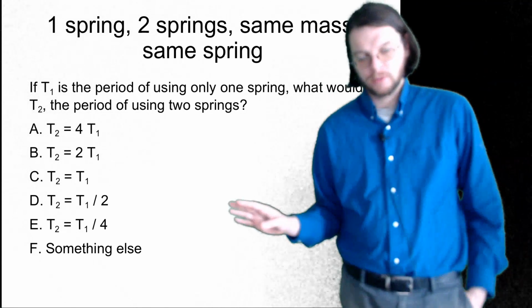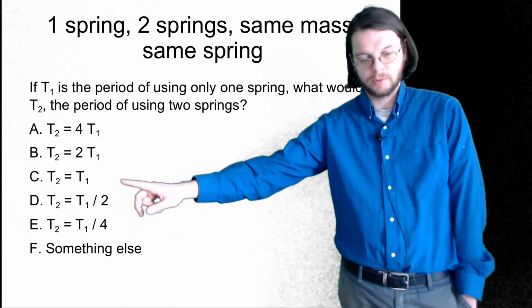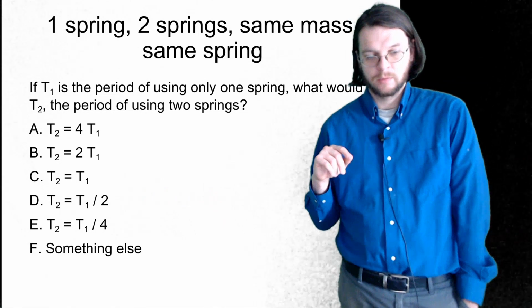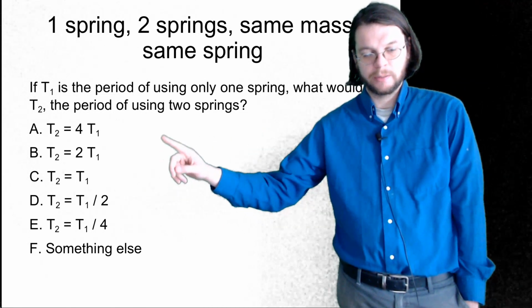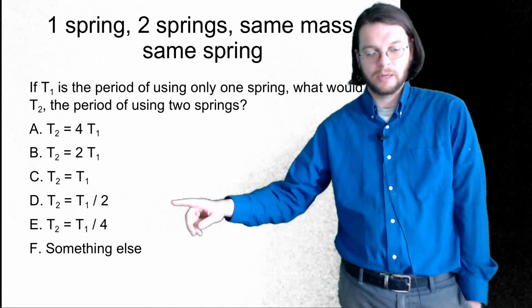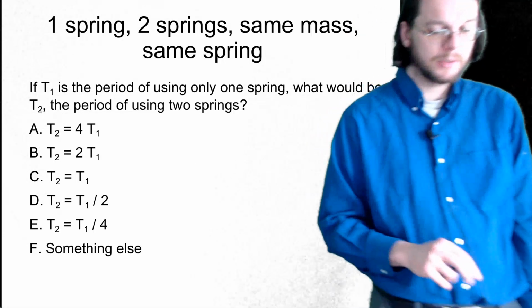So here's some thoughts on this. First of all, we decided the period is not the same, so probably not C. We decided that the period of two springs is going to be smaller, so probably not B or A. So we're down to D, E, or F. But let's think about this for a minute.